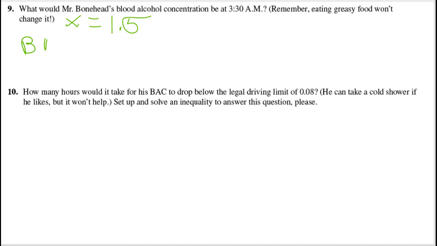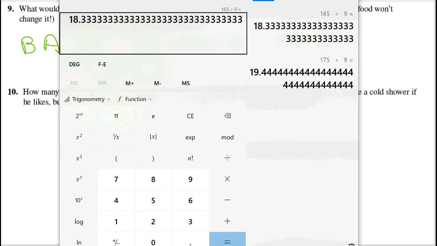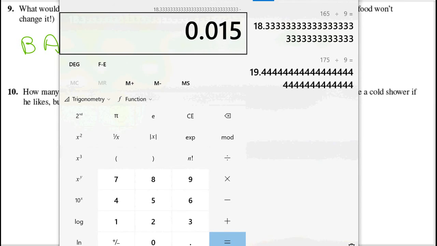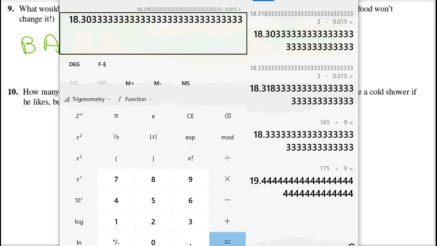So my blood alcohol content equals negative 0.015 times 1.5 plus 0.16. And I'm going to see if I can do that on the calculator. Negative 0.015 times, my calculator is telling me it's going to subtract. So I'm going to hit my equals, and now I'm going to clear it.